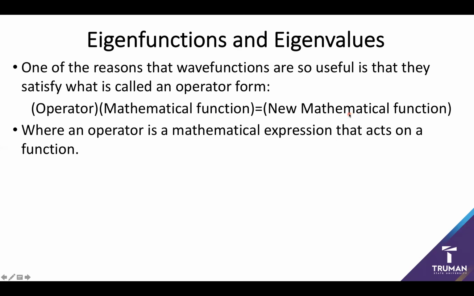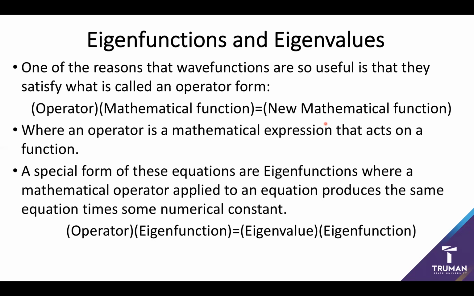Now, one of the things that makes quantum mechanics so nice is that it actually exists in a special form of operator mechanics. And that's known as eigenfunction systems. So what happens if you have an eigenfunction is when you apply my operator to my mathematical function, it gives that same function back, differing only by a constant, so some numerical value.